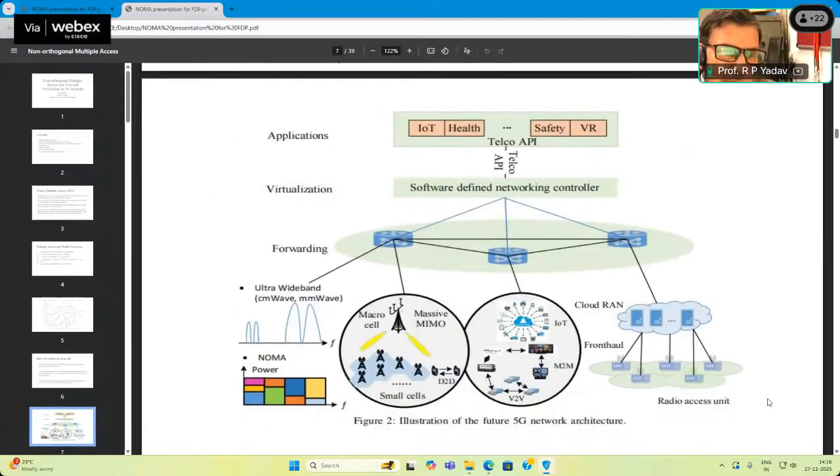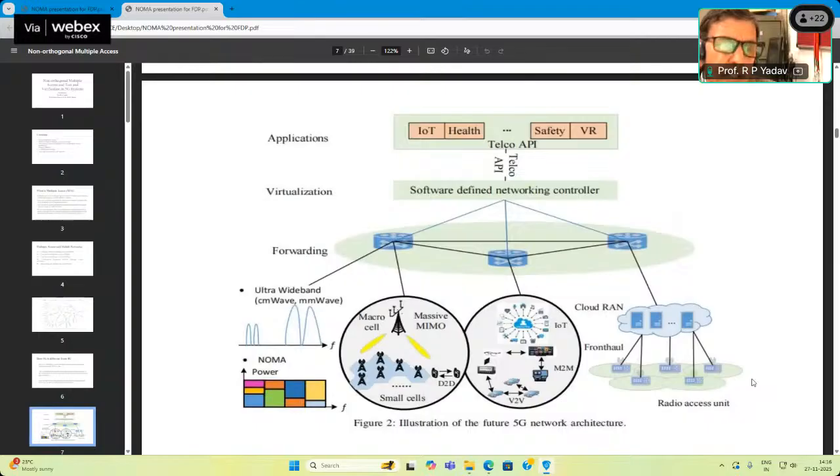Now, this is a slide for the 5G network architecture. I think all of you may have already seen it. I have prepared this slide from the base station to the user, and then the application. In applications, there are IoT, health, safety, virtual reality, and so many telco APIs that are already being designed or, in fact, some of them already operating.